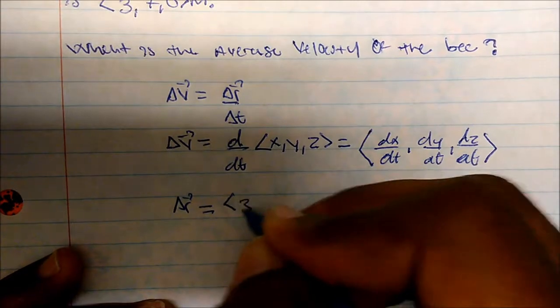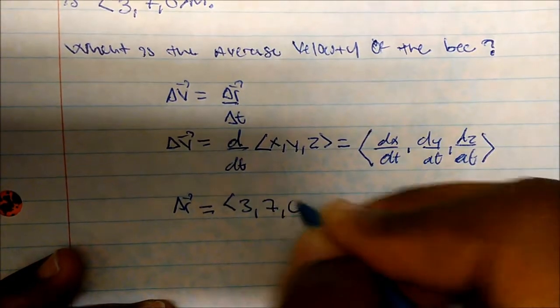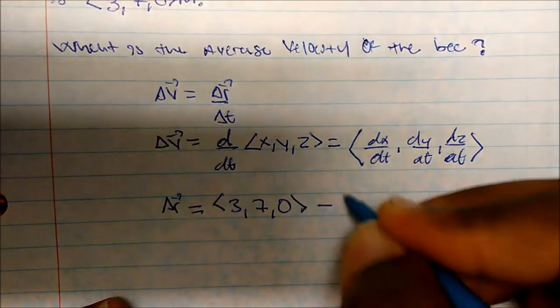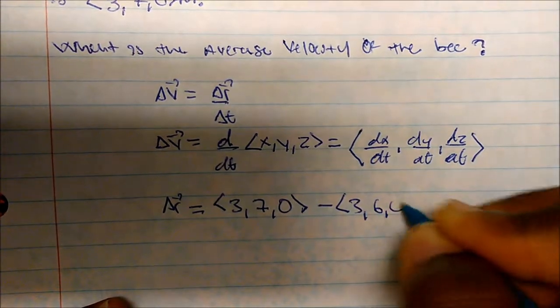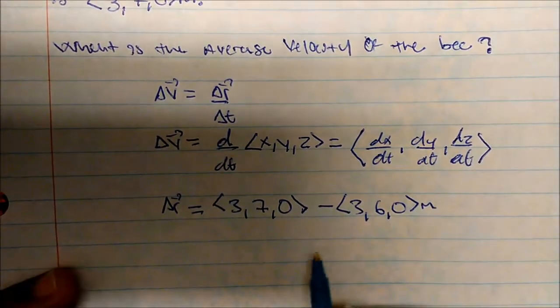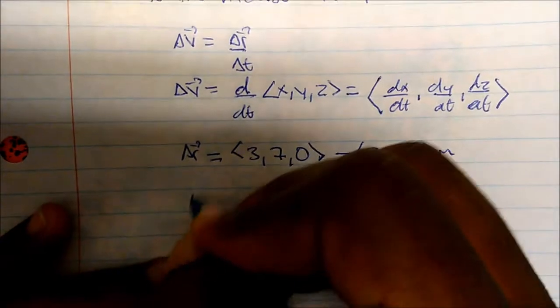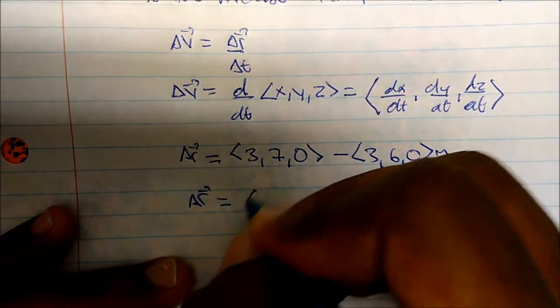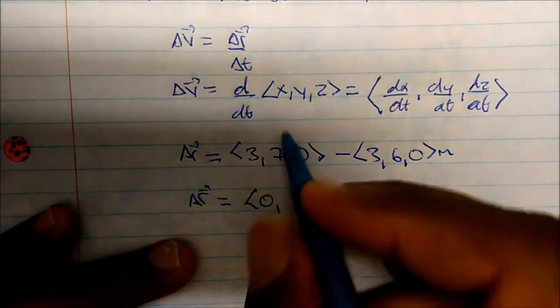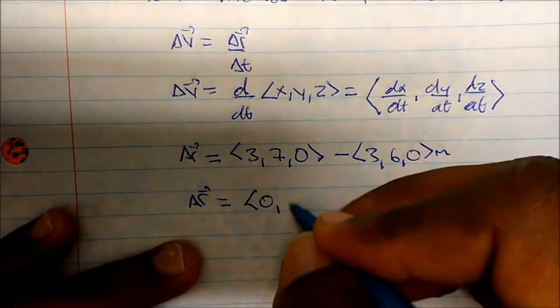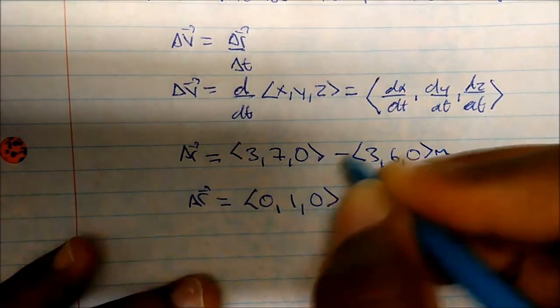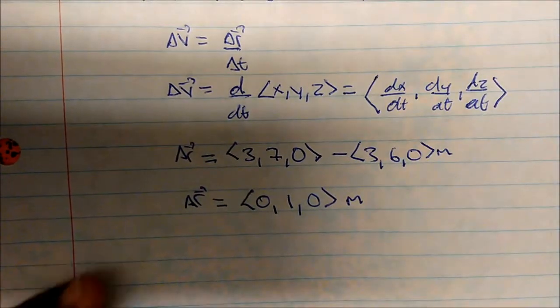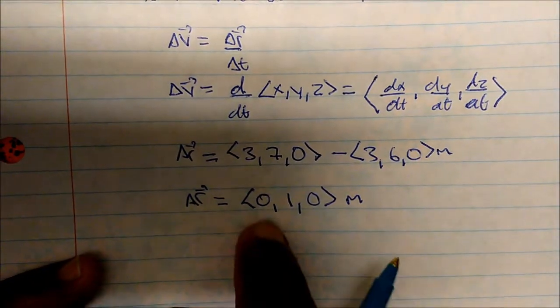So I'm going to take 370 and subtract 360 meters from it. When I do my change in position, this becomes 3 minus 3, which is 0. 7 minus 6, that's 1. And 0 minus 0 is 0. So that's our change in position.